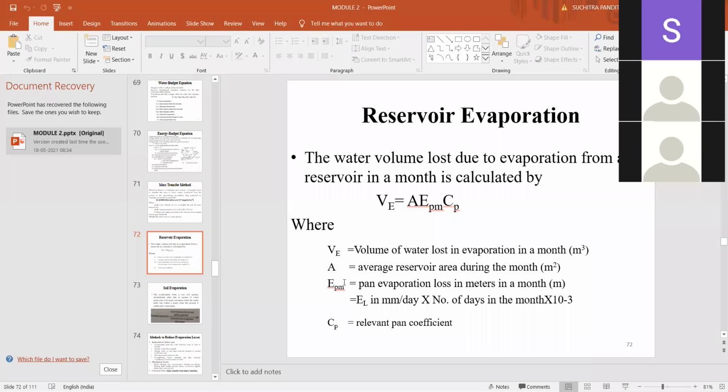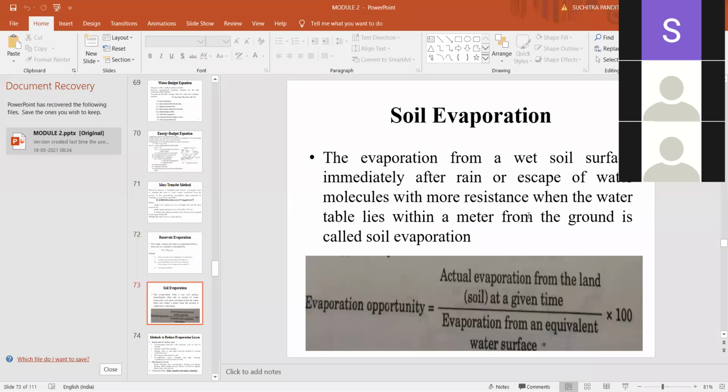CP is the relevant pan coefficient. By using this formula, you can estimate the volume of water lost to the atmosphere through evaporation in the case of a reservoir.